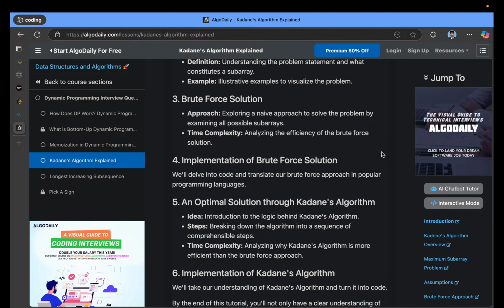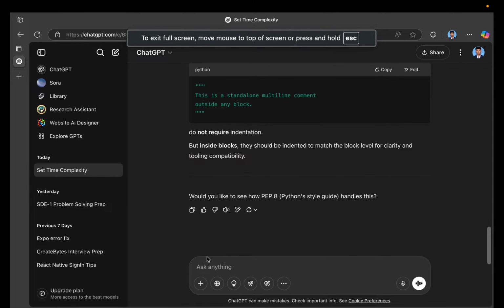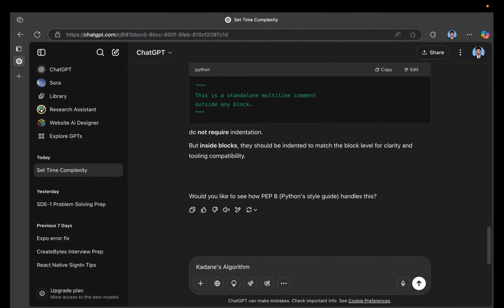Hmm. I need Kadane's algorithm. And let's go with ChatGPT, our assistant. Kadane's algorithm and its code in Python.